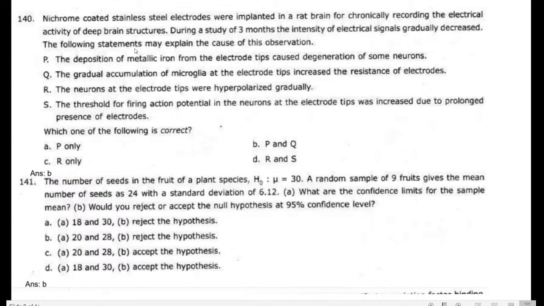The following statements may explain the causes of the observation. Why did the electrical signals gradually decrease during the 3 month study?